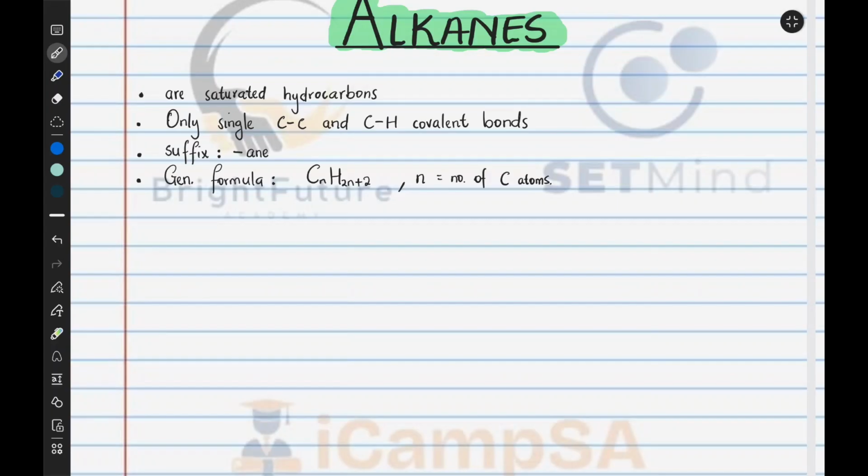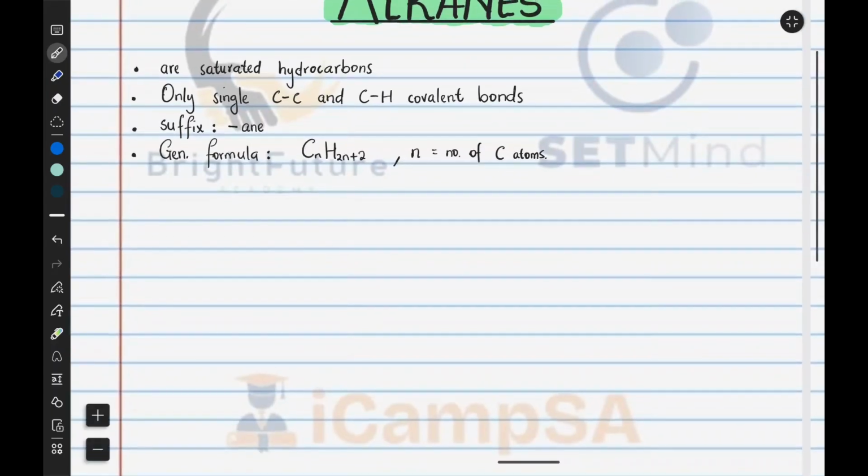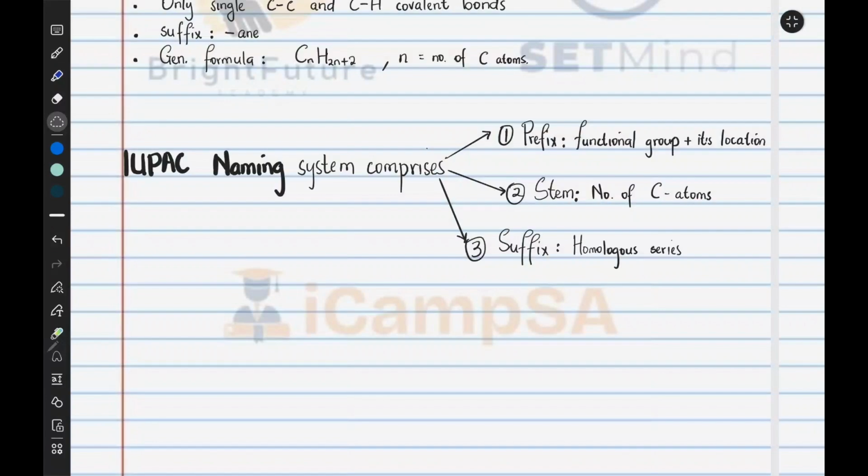Those 3 things are called the prefix, which is the start of the name, the stem, which is the body, and the suffix, which is the end of the name. Let's put it here. These are the 3 things that make up an IUPAC name for any organic compound that we will deal with in this series.